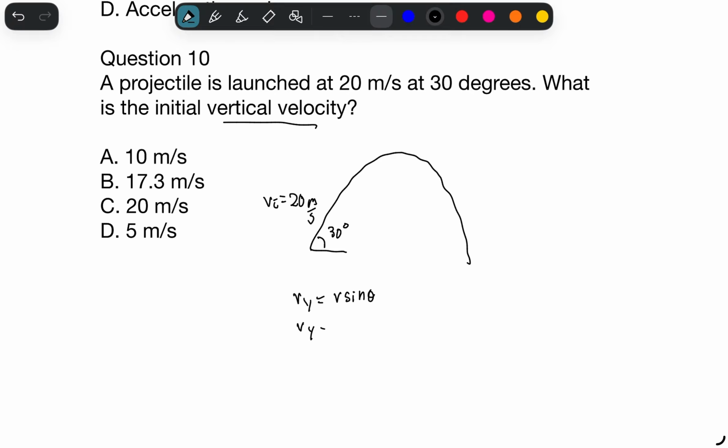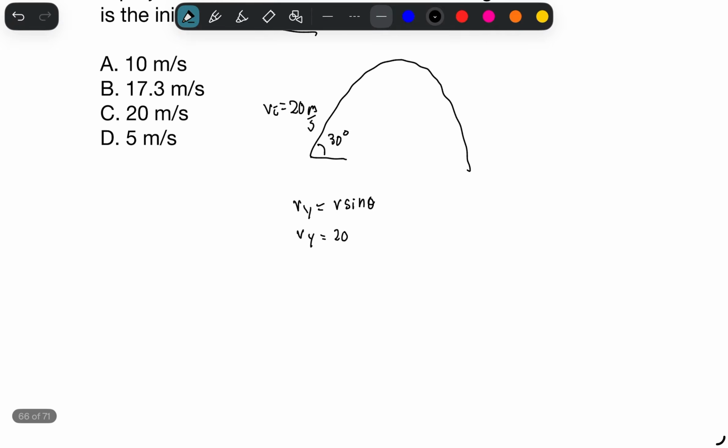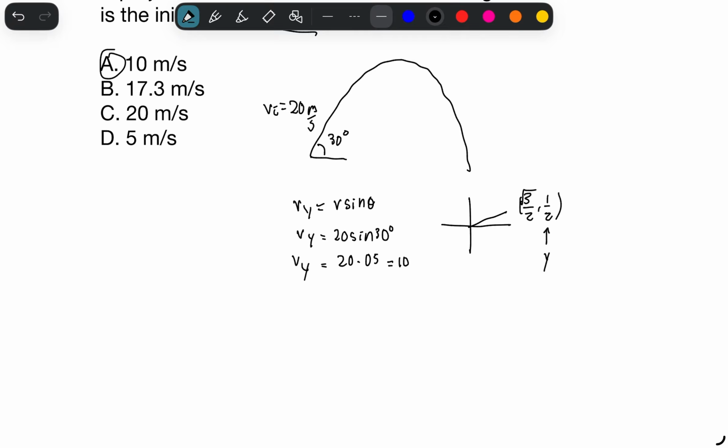We know Vy is equal to 20 sine of theta, and we have 30 degrees as our theta, and our v is 20 meters per second, so we can solve for Vy. So sine of 30 is going to be, when you are here, root 3 over 2, and you're going to have 1/2. So your y component will be that 1/2. That'll be 20 times 0.5, which is equal to 10. And your answer is going to be A.